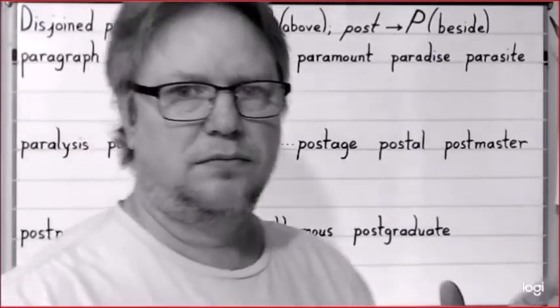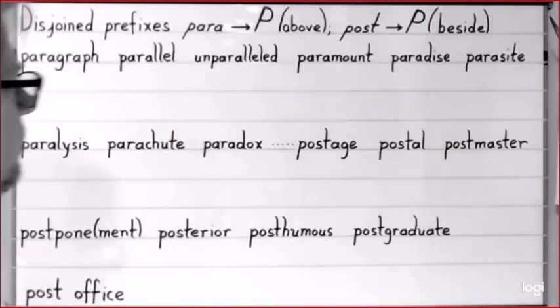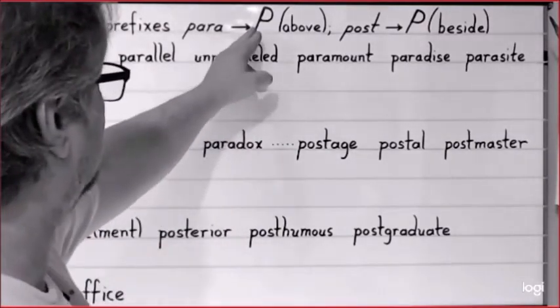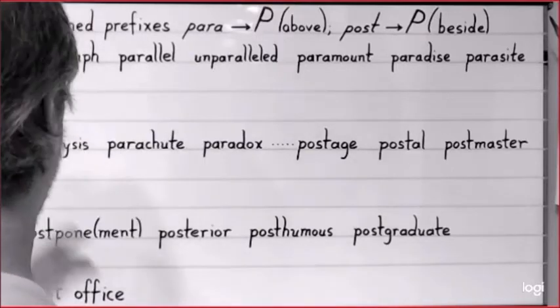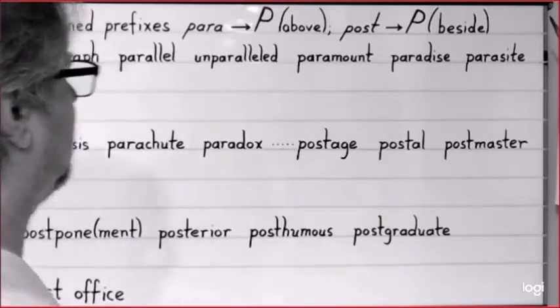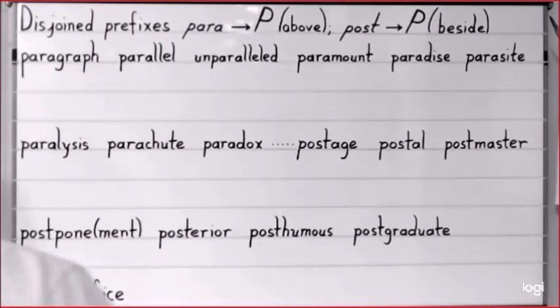The prefixes para and post are represented by a disjoined P. Now for para, the P is written above the line for the rest of the word, and post is written beside the rest of the word.